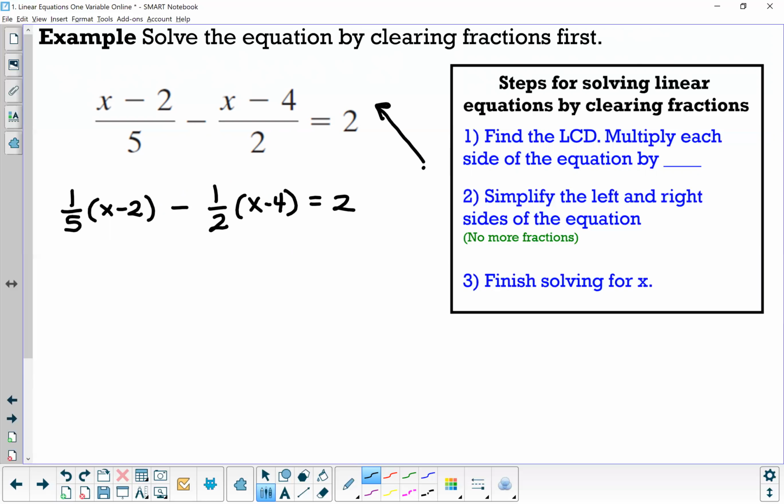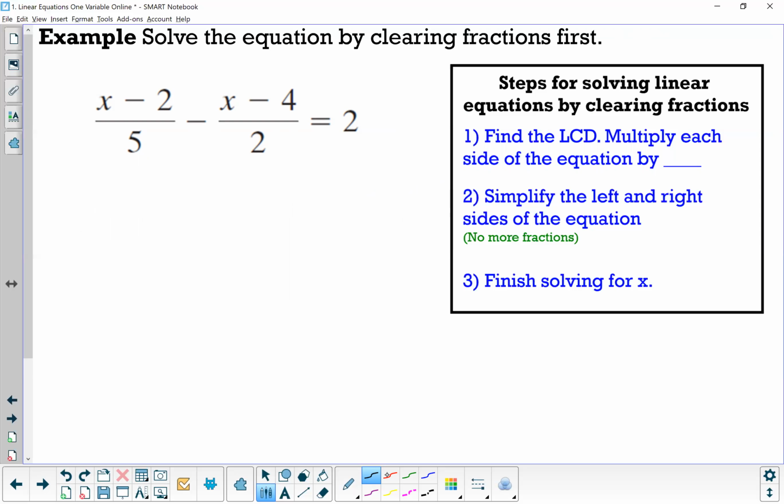These two equations are equivalent. They mean the same thing. Okay, so keep that in mind. Now, I actually find it to be convenient to not rewrite the equation, but I did want to show you that so that you know that they're equivalent if you like it.